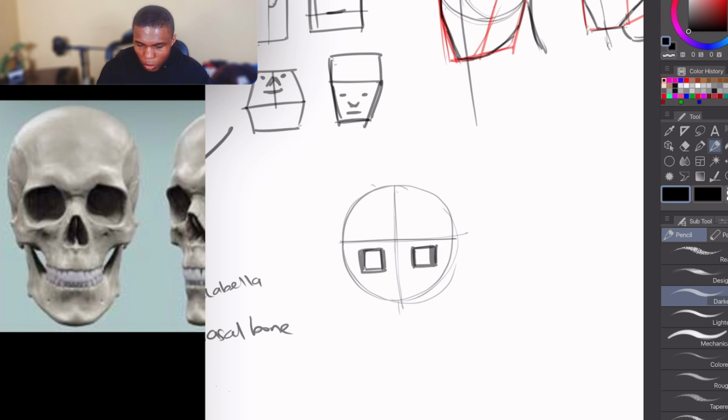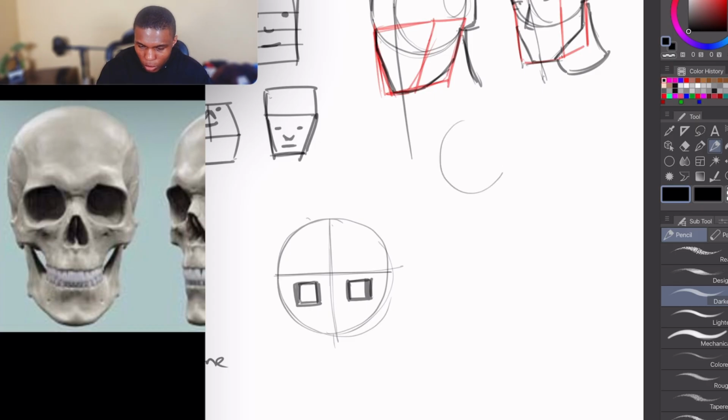One way to be sure about your measurements for your cranium is, once you draw the center line like this, you could just draw vertical lines and then do 5 boxes or 3 boxes. Let's say 3 boxes. 1, 2, 3, yeah, and then you get the exact proportions for the face.